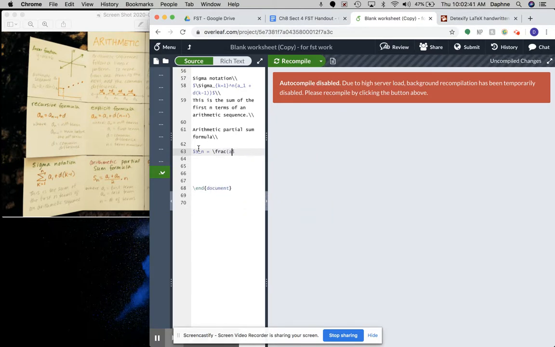My numerator is going to be a sub 1 plus a sub n, and then my denominator will be 2, and all of this will be multiplied by n. I want to use parentheses for n just so I don't mess it up. Okay, and that should work. I'm going to physically recompile this.